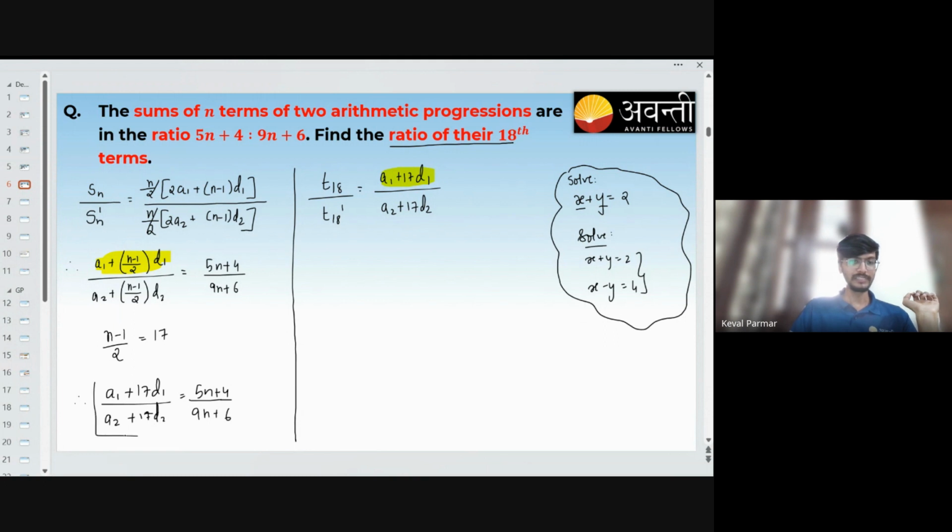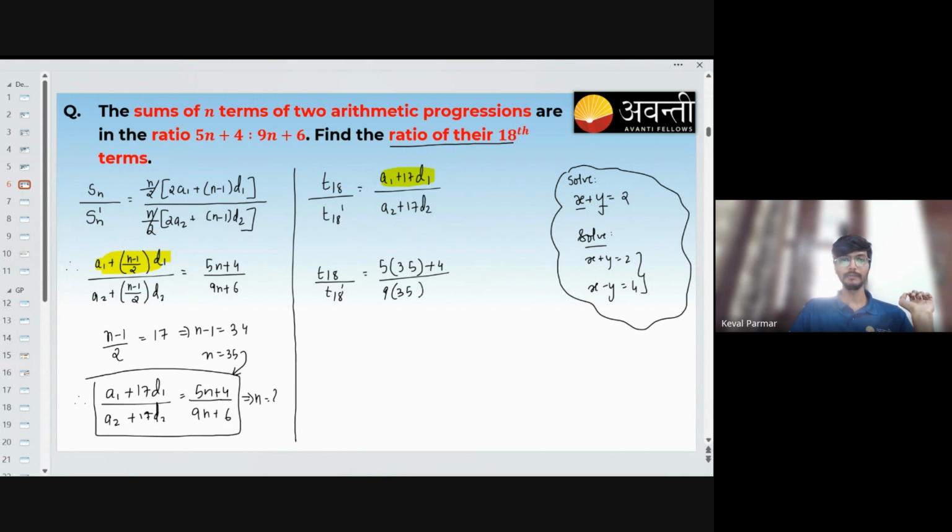So its value will be found. And for this I need n. n we will get from here. So what is the value of n here? n minus 1 is equal to 34. Therefore n equals 35. Simple. Substitute here. So I'll get T18 upon T18 dash equal to 5 into 35 plus 4 upon 9 into 35 plus 6.